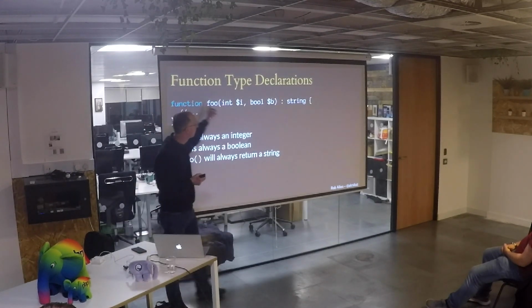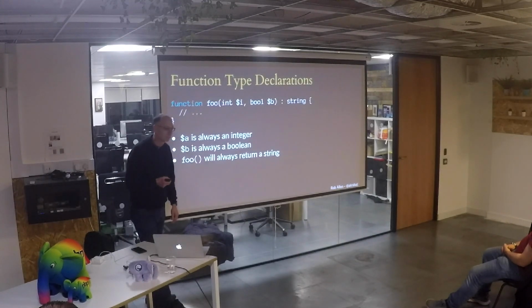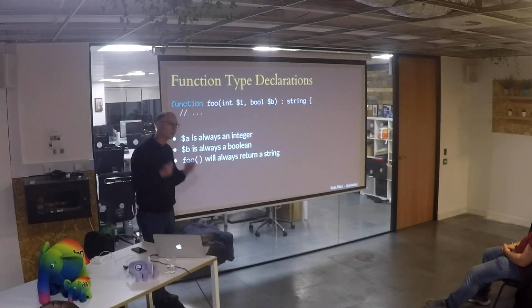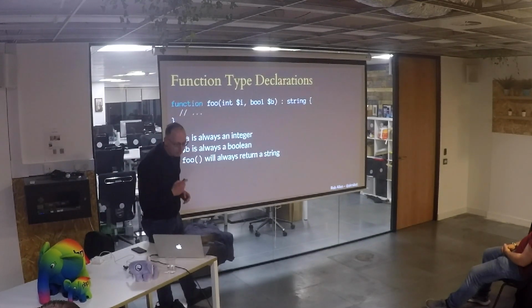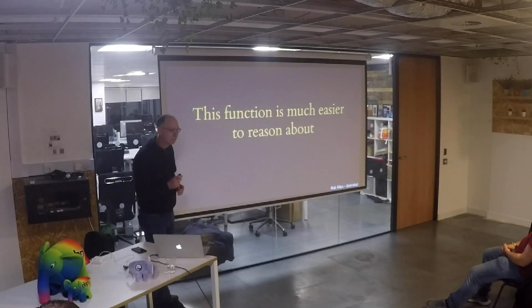I can look at this and I'm 100% sure of that. So within this function, I can trust what's coming in in terms of the types. What I do with it is my own bugs. This makes a function much easier to reason about.